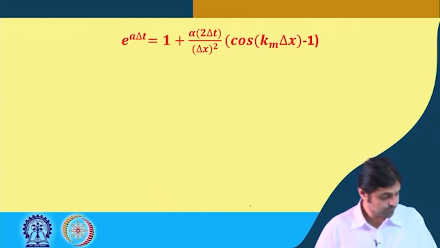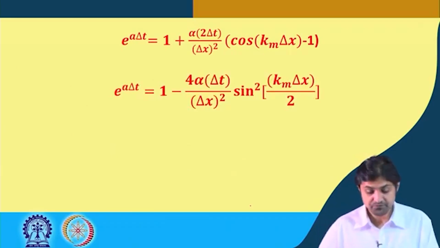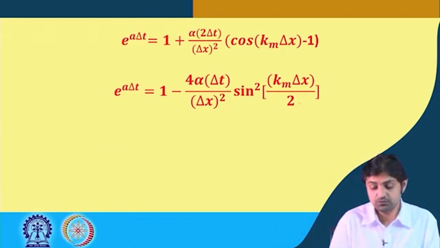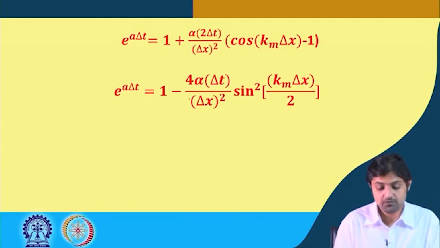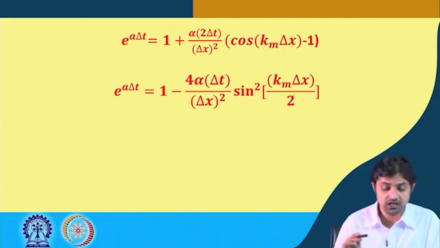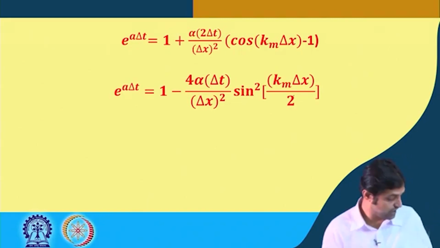Or we can write it in terms of the sine square by 2 term. So it becomes 1 minus 4 alpha delta t by delta x square sine square km delta x by 2. The derivation is not in your scope, but we will finally look at the result that we are going to get.